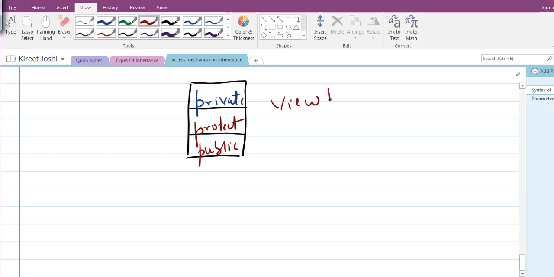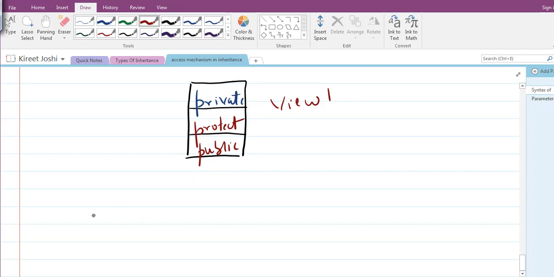Any class can have different views. If this is the only class, then there is only one view for this particular class, that is view 1, which means this class can only work on the members of its own class.